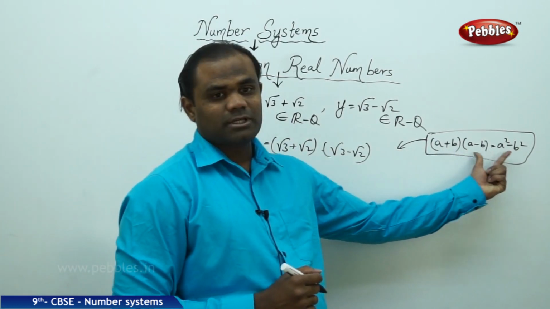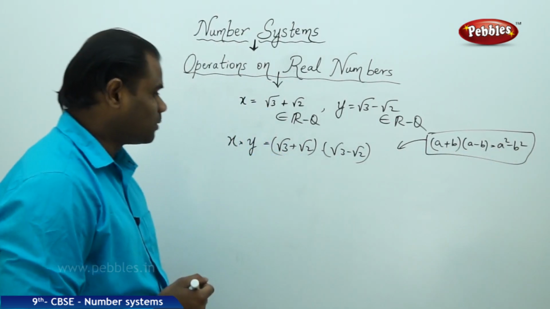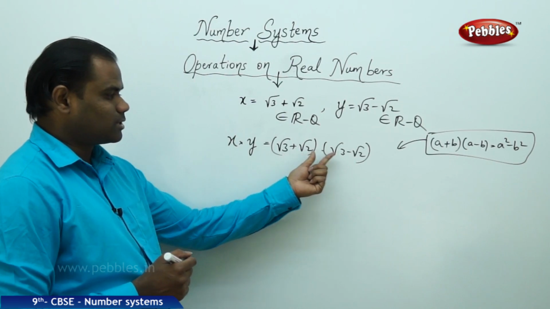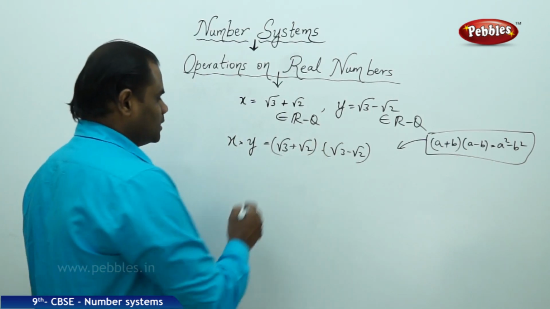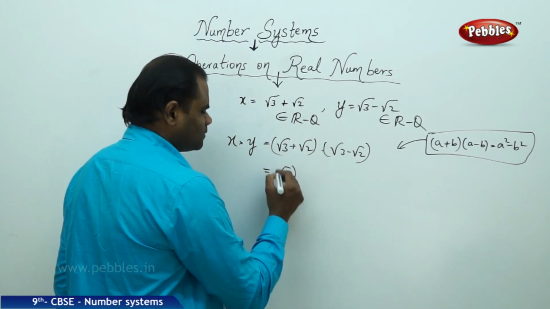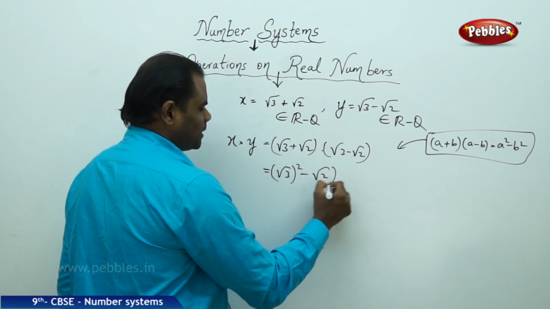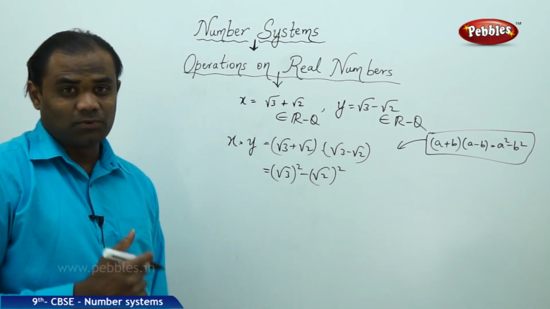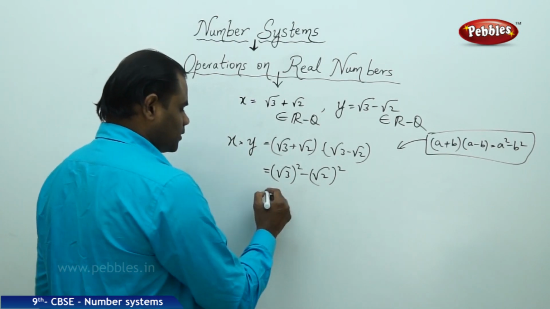Therefore, (root 3 plus root 2) times (root 3 minus root 2) is root 3 square minus root 2 square, is what we get in the form of the product.